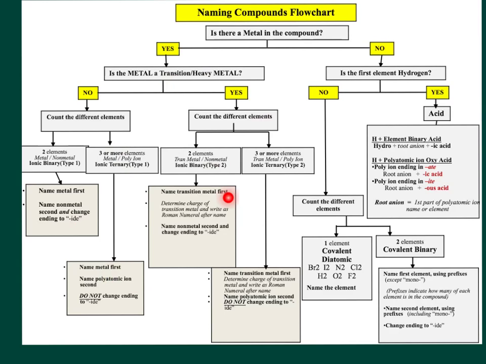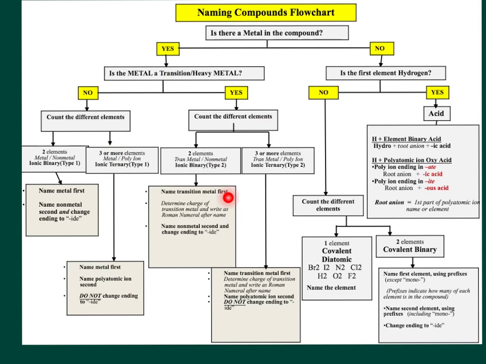The nonmetal is the one that's going to have the fixed charge. And so I look at the formula and decide what the charge of the transition or heavy metal is, and that gets written as a Roman numeral in parentheses after the name of the element. And then I write the name of the nonmetal second, changing its ending to IDE. And we'll go through an example of that when we're done here.